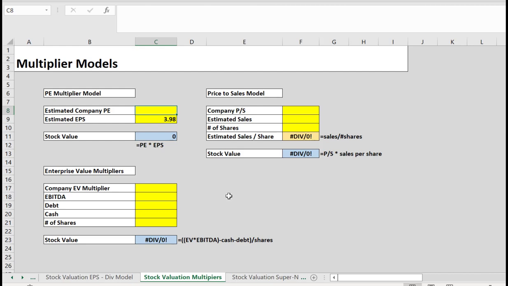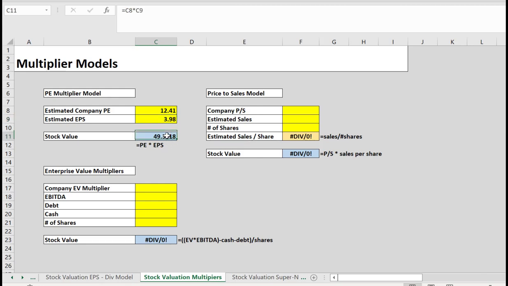So I typically like to look at what I think the future PE ratio will be for the company. And if you're looking this up in publications, you're looking for the word forward. What's the forward PE ratio? So let's say it's 12.41.